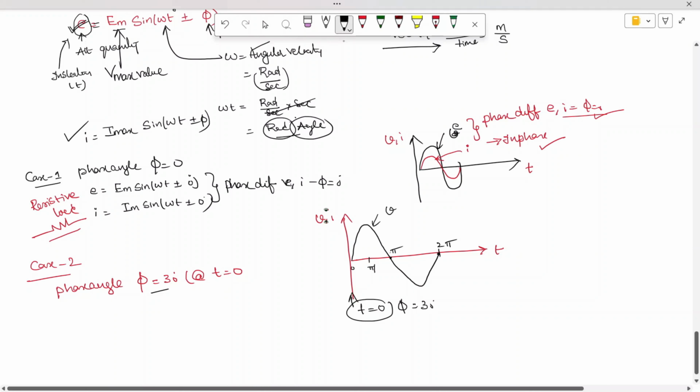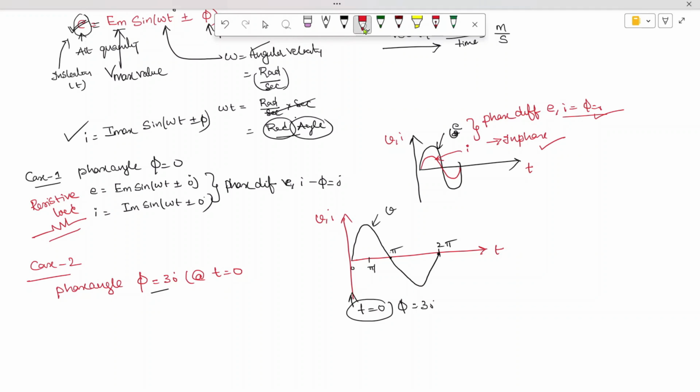Then how to draw that waveform? I'm drawing it with a red color pen. This waveform will be here, maintaining a phase difference. This red waveform is somewhere like this on this axis. At t equal to 0 it is touching the instant of 30 degrees.